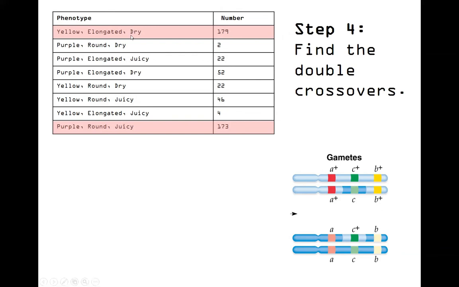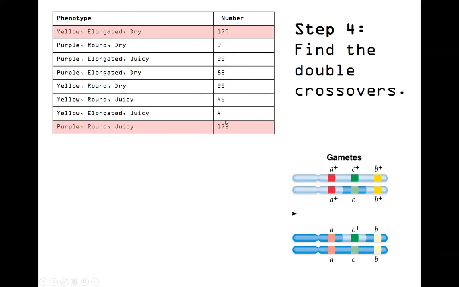So when we look at this table, go back to the actual counts. Remember, we are interested in the double crossover because it's about to tell us what gene is in the middle. They're easy to pinpoint because it is less likely to have two recombination events in that region. Pretty easy to pick out these low numbers.